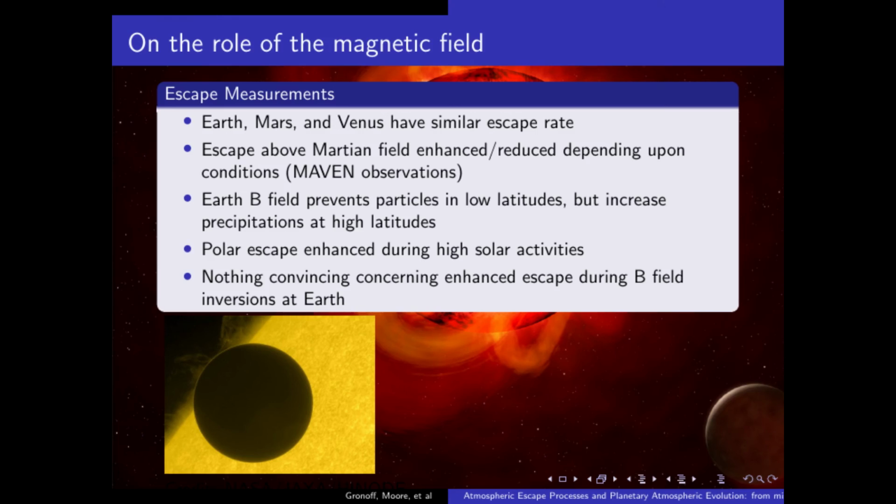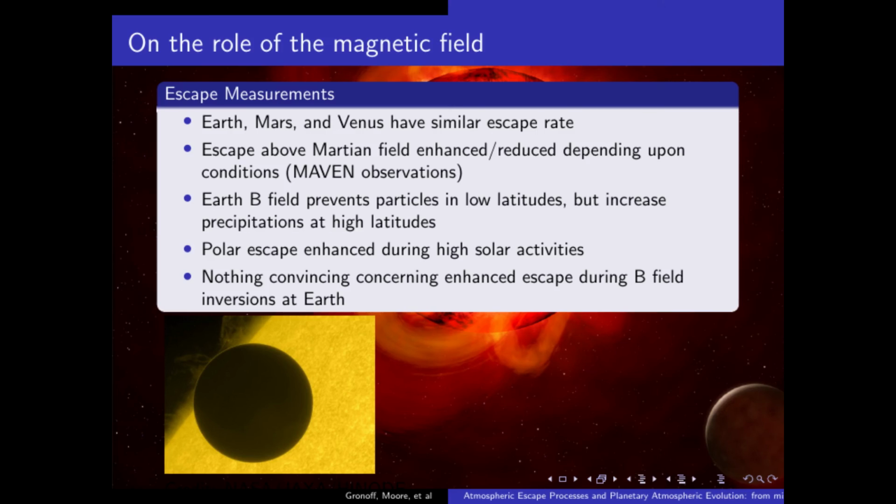When we go to the Earth, we see that the magnetic field prevents particles from reaching low altitude. But actually, these particles go to high latitude, and we have increased precipitation of particles at high latitude. And when we have this precipitation, we have an enhanced polar escape during high solar activity. So overall, the question is, on average, is it really protecting the atmosphere from escape by these particles?